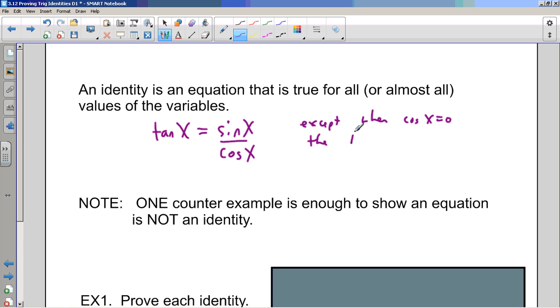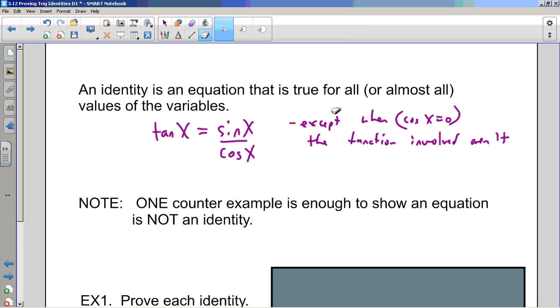The function's not defined. So the functions involved aren't defined. And so we've got to be aware of that, except when the functions involved are not defined.